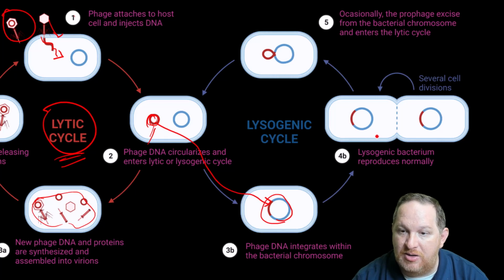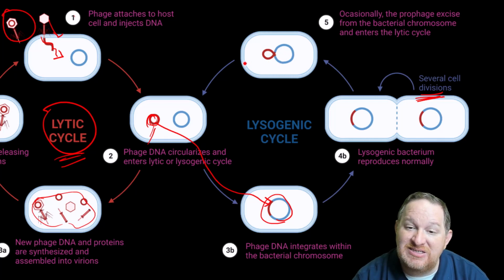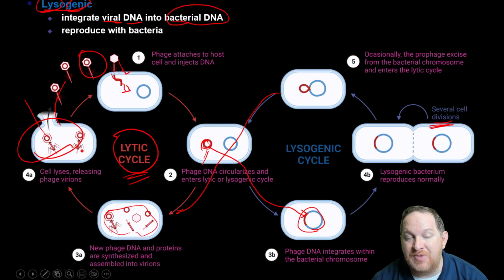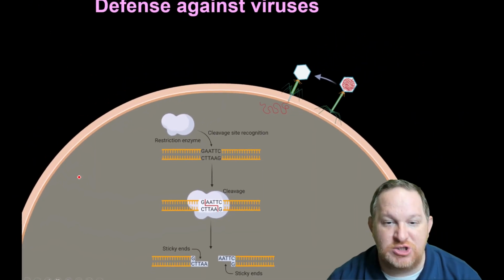Well, what do bacteria do? They divide, right? So the bacteria divide several times, cell divide over and over again. So then basically what they've done is this virus has just been growing inside these bacteria over and over again until it might come back here and then go through the lytic cycle and break out. Okay? So, crazy little things, these bacteriophages.